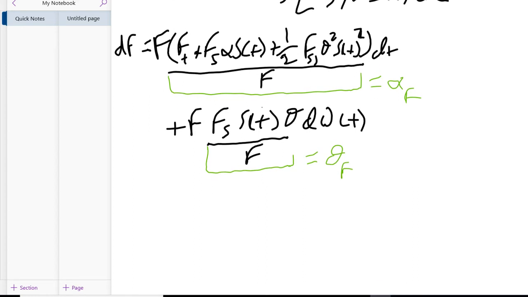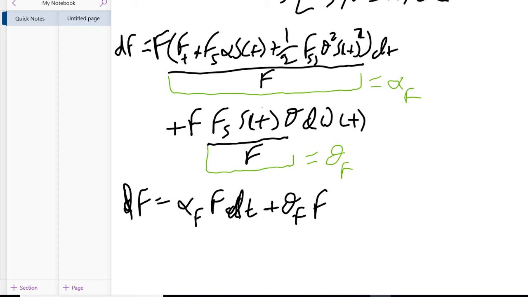So we can simplify the way we wrote that: df is thus just equal to alpha subscript f dt plus sigma subscript f dW_t.